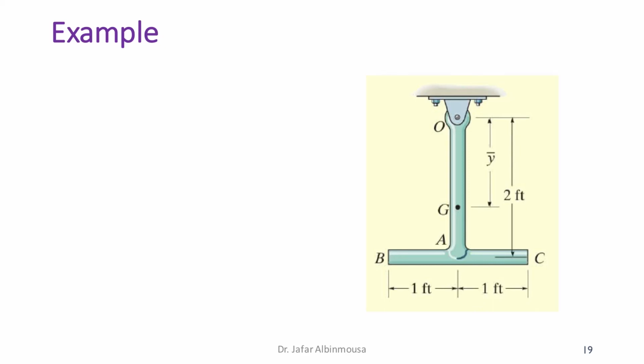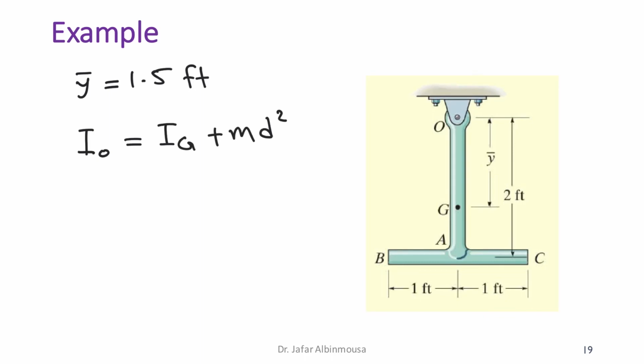Now, if you recall from the previous slide, we determined y bar as 1.5 feet. And since we know that IO is equal to IG plus Md squared, then 1.76 is equal to IG plus, now here the difference is the mass.